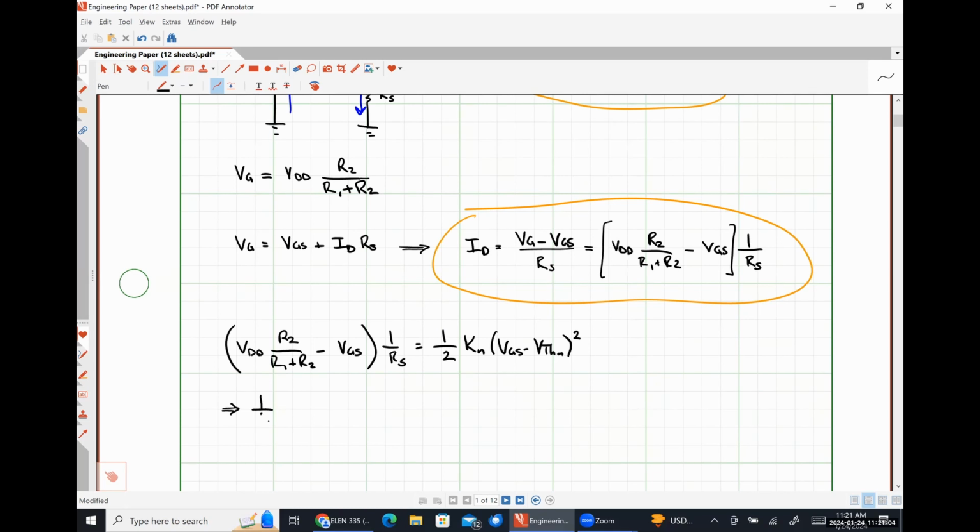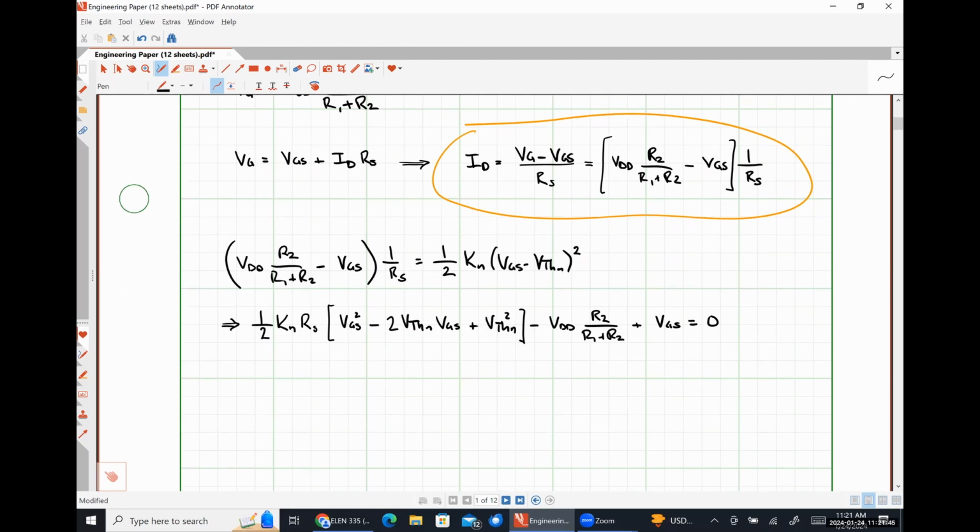So doing a little bit of algebra, we have 1/2 Kn RS times VGS squared minus twice VTHN VGS plus VTHN squared, minus VDD times R2 over R1 plus R2, plus VGS is equal to 0.